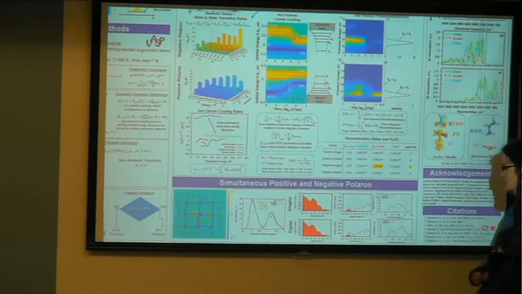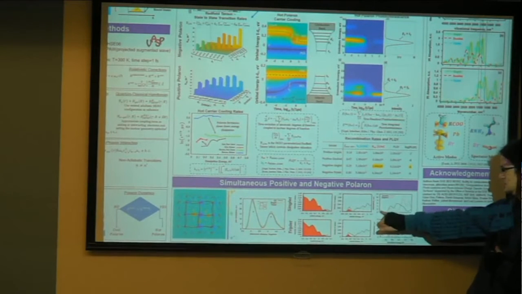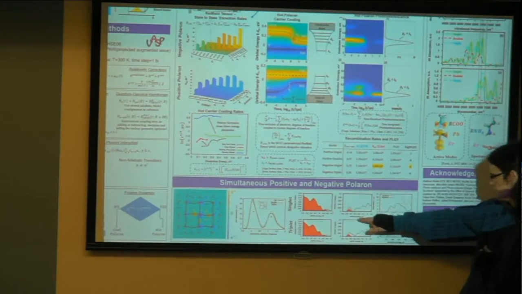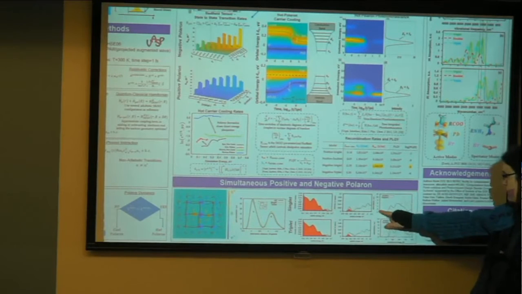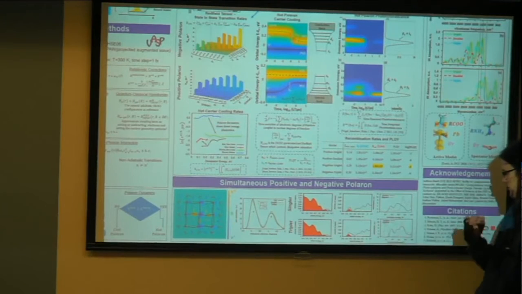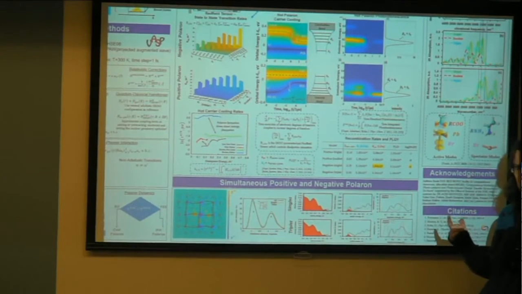But when you look at the negative polaron for the singlets, it's essentially degenerate, I guess, but close. So the lowest energy transition is a very, very small energy, whereas for the triplets, there's a broadening of the density of states.